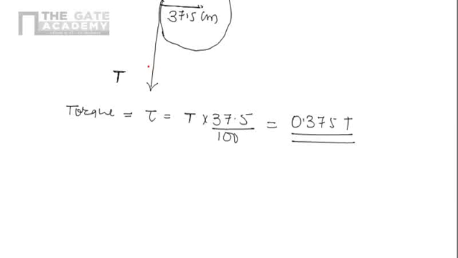So for dynamic equilibrium, we are interested in inertia torque also. Like for linear motion we have mass into acceleration, similarly in rotational motion, in place of mass we have I, and in place of a we have alpha. So I we have 16.5.